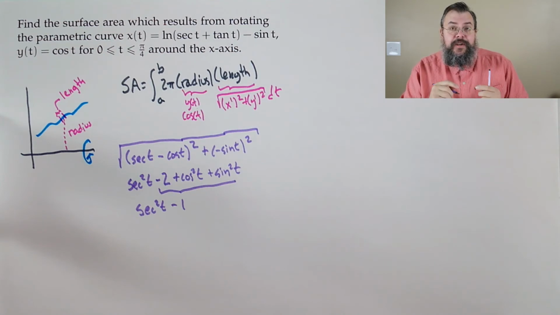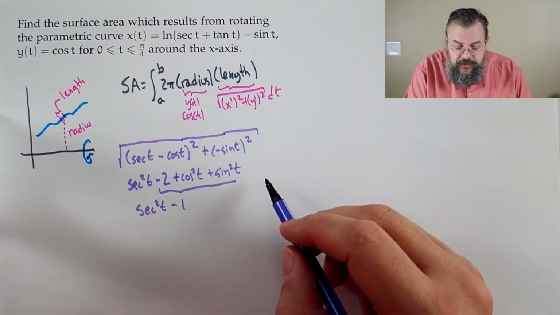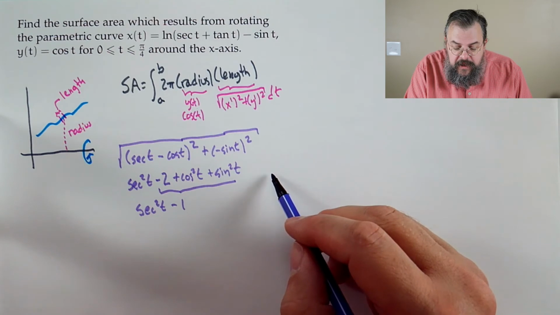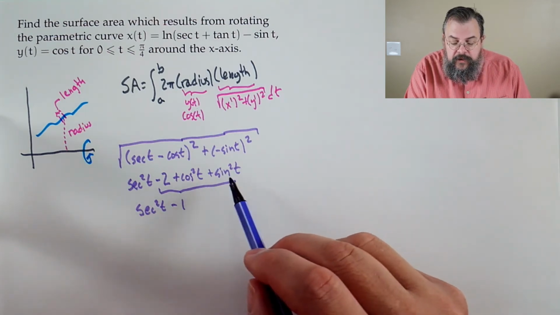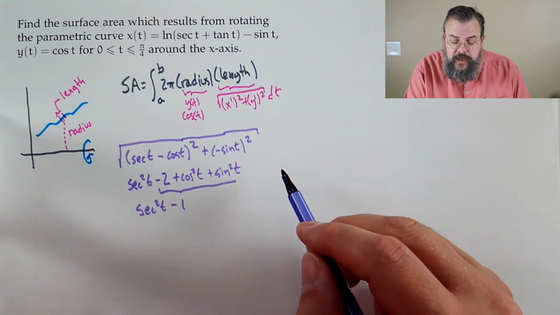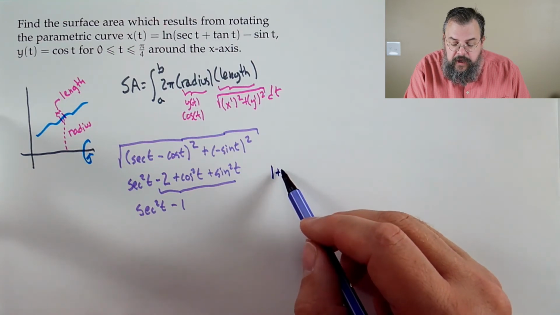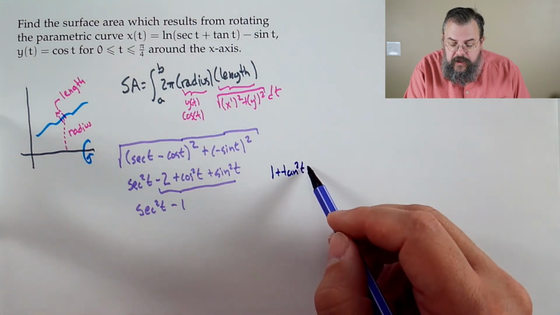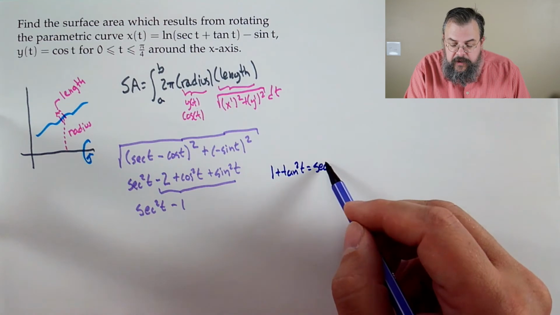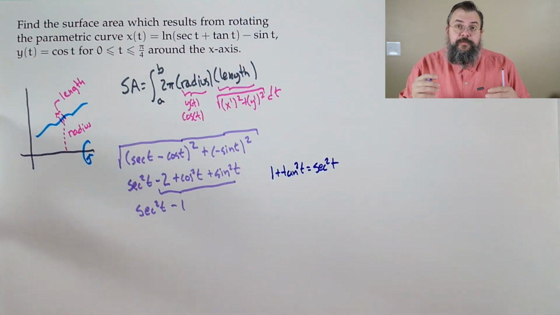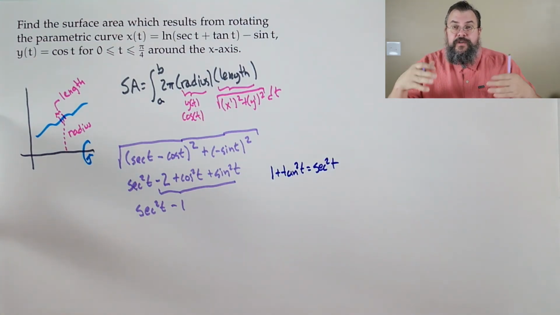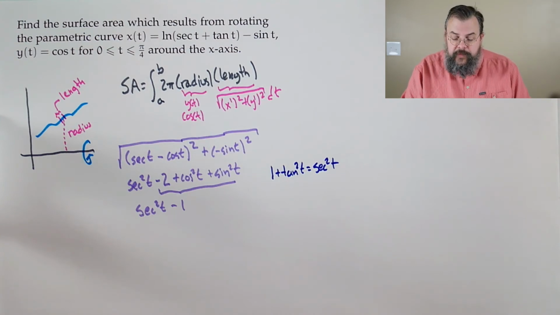That's actually related to another trig identity. If you divide the expressions here by cosine squared, you get 1 plus tangent squared equals secant squared. That comes from sine squared plus cosine squared equals 1, just dividing through and cleaning up.